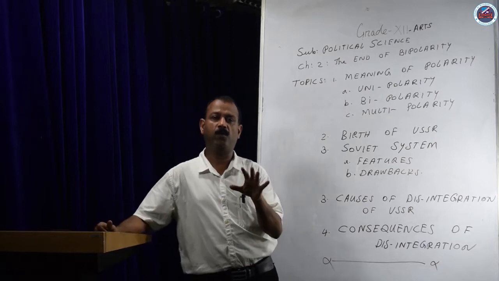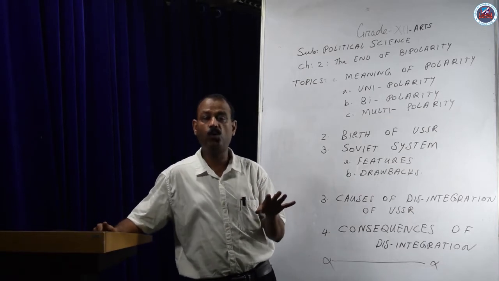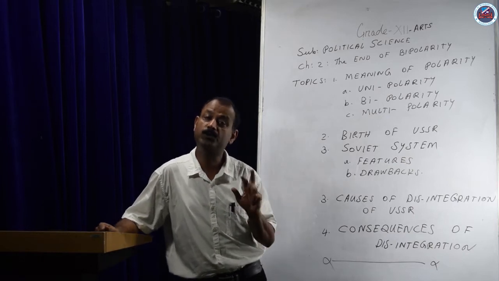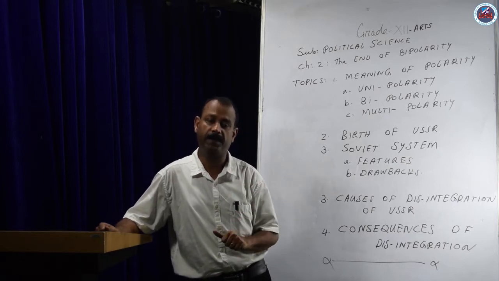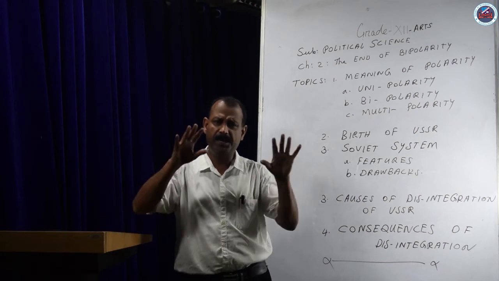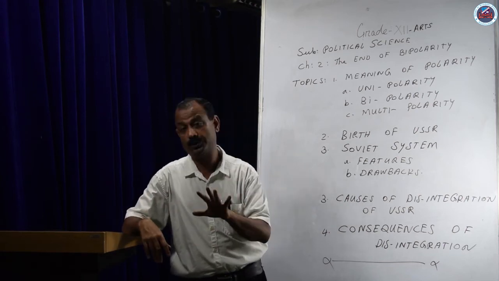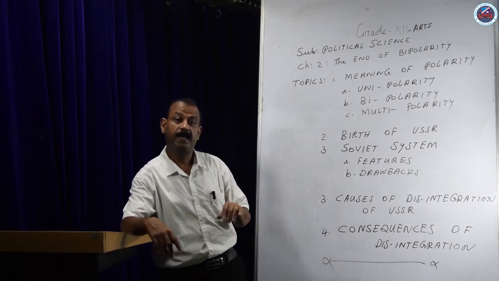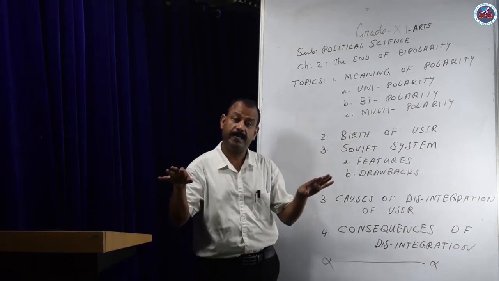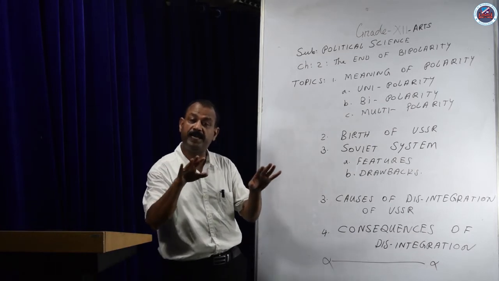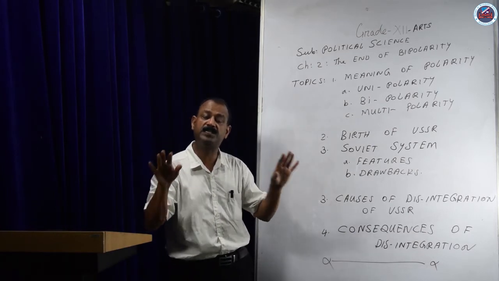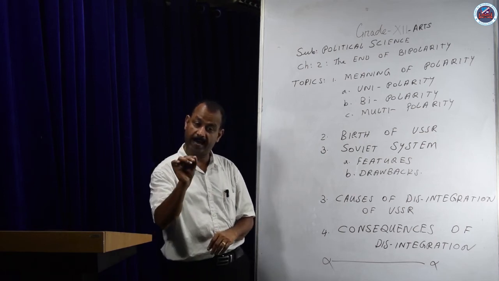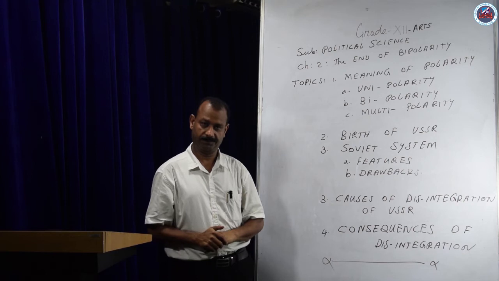Do you know the full form of USSR? USSR refers to the Union of Soviet Socialist Republics. Initially, there was no country known as USSR. It actually consisted of 15 independent states, and the states were known as Soviets.